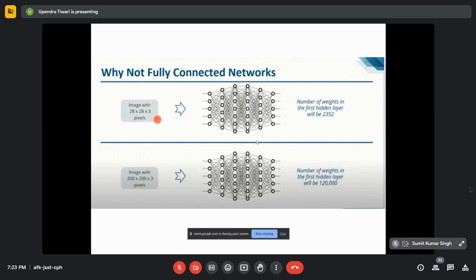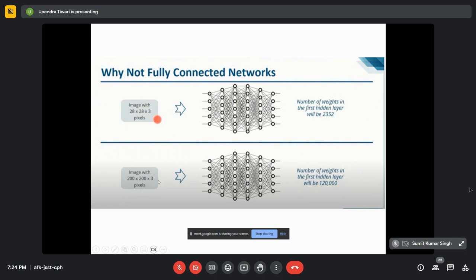But in a real scenario, we don't have such a small pixel size. We may have a pixel size like 200 by 200 by 3, that is 1,20,000. So for one image, you will have to update these 1,20,000 weights.